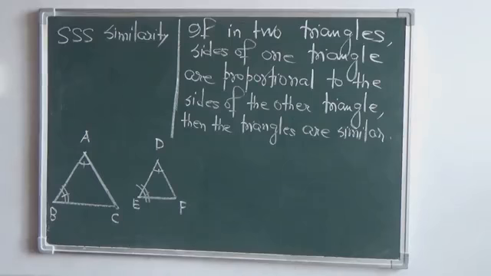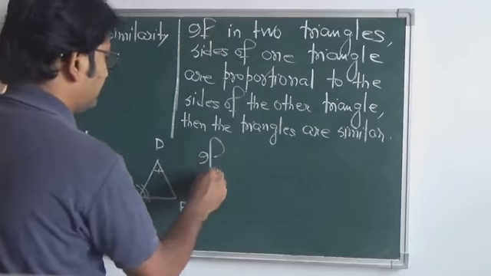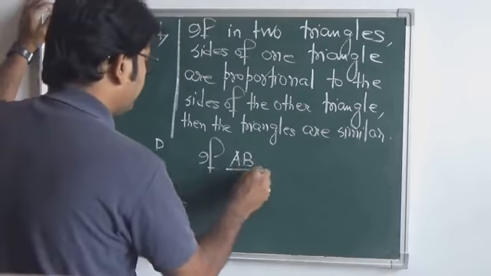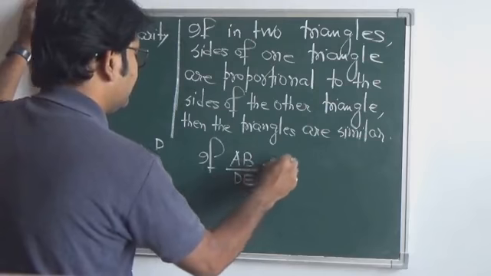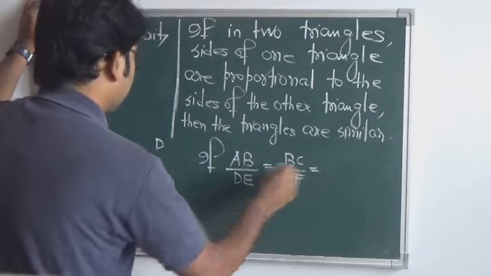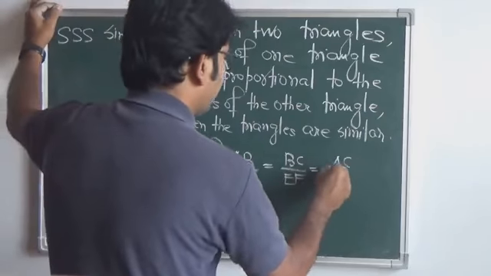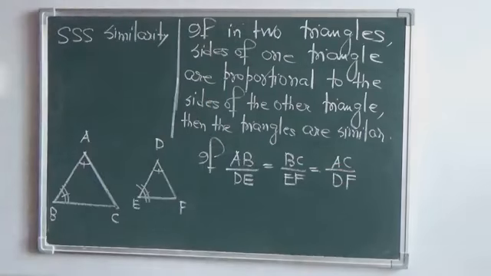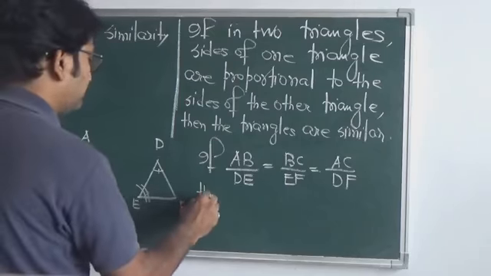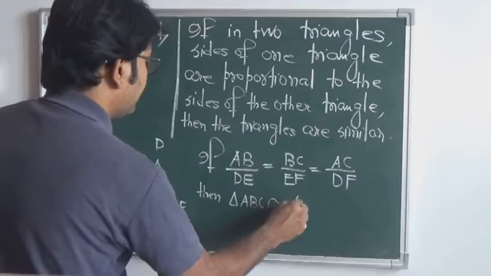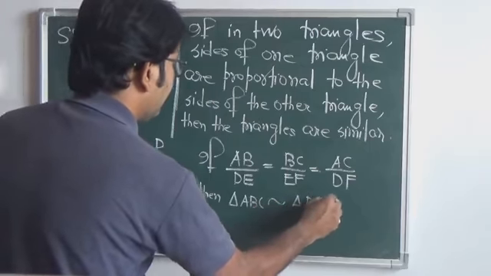That is, if we can prove that AB by DE is equal to BC by EF is the same as AC by DF, that the sides are proportional, that means they are in the same ratio, then we can say triangle ABC is similar to triangle DEF.